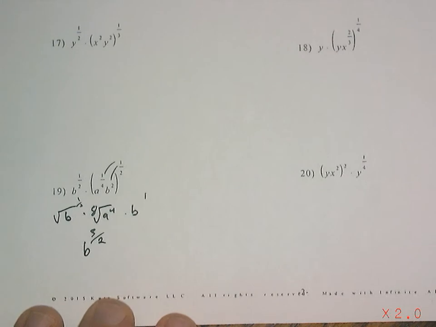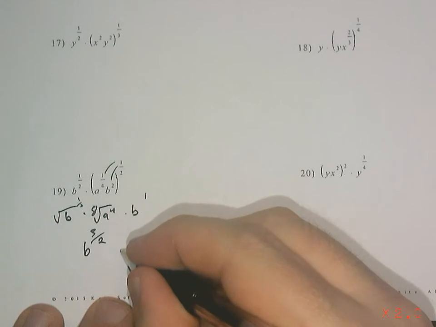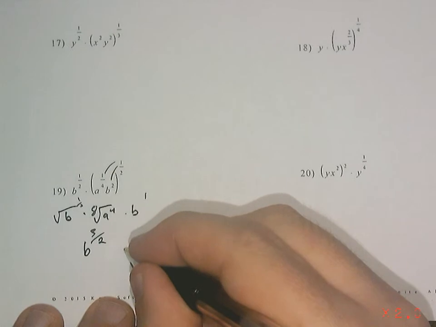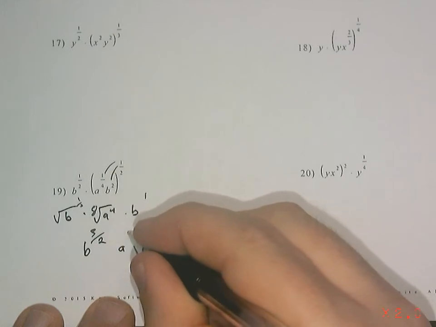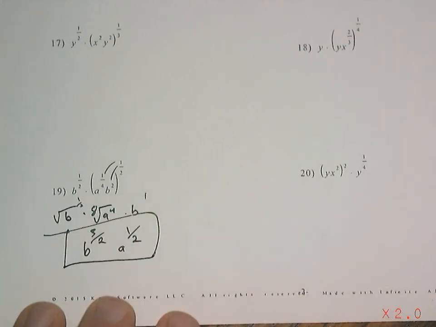And then 4 and 8, 4/8 would be 1/2. Doesn't seem right. A to the 1/2. That should be right. Okay, and that would be that answer right there. Hopefully. I'll double check that one later. Okay, and that's how you would do it.